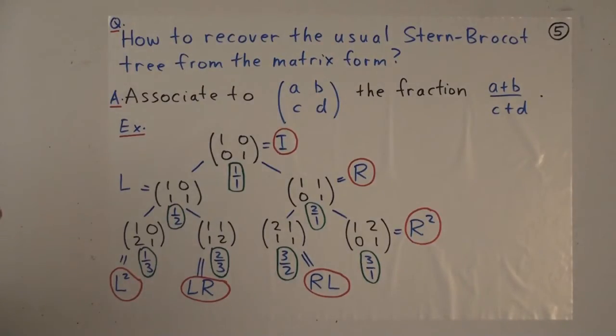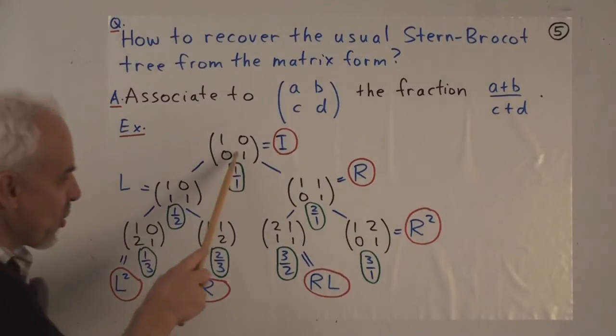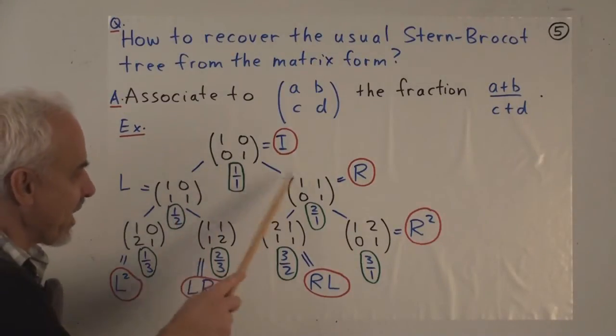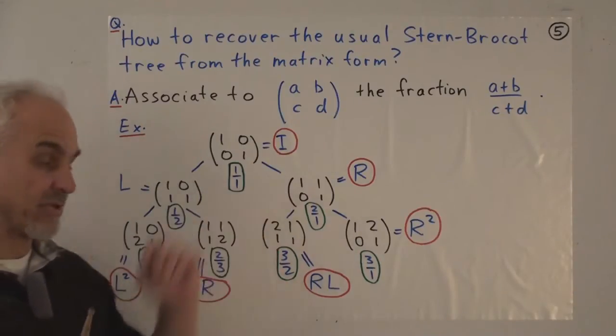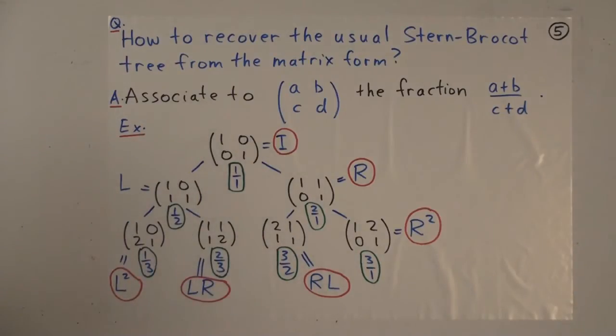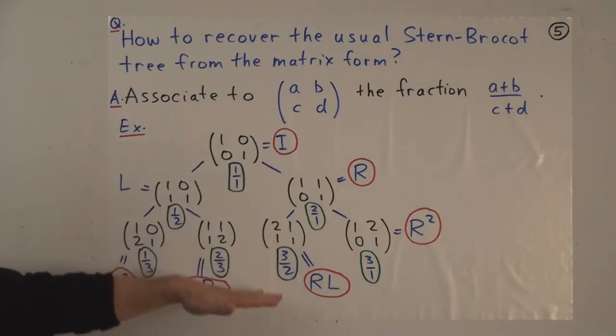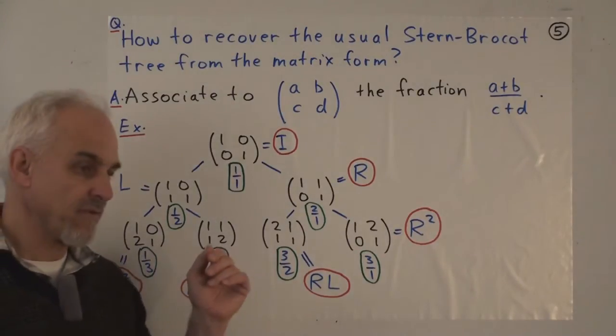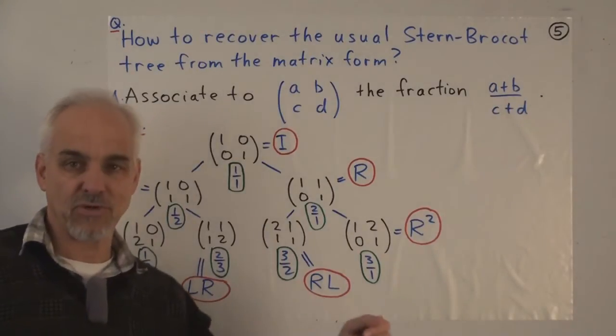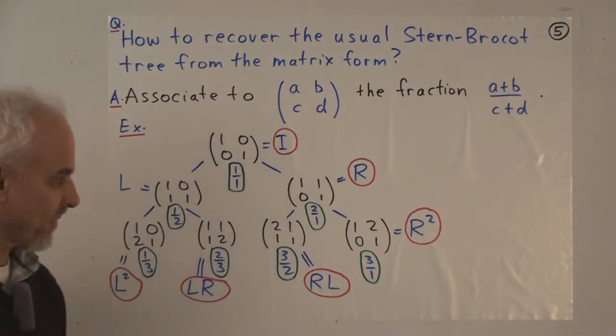Now it's interesting to make the observation that since going left or right corresponds to multiplying by the matrix L or the matrix R respectively, it means that any element that we can generate in the tree can be described in terms of a successive number of matrix multiplications.